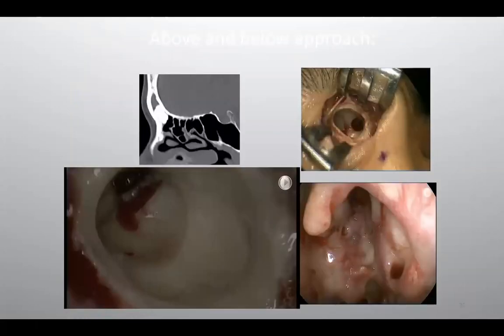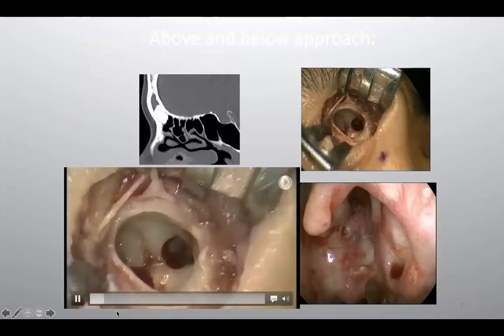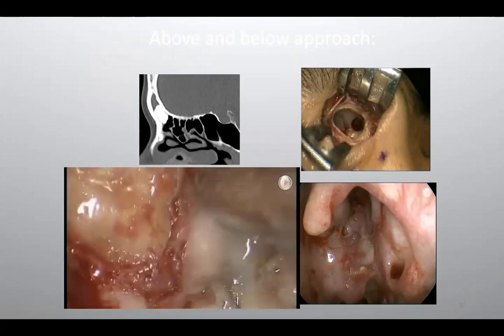This is really what we describe as an above and below approach. So I hope this video plays. So this is what we've termed an above and below approach.